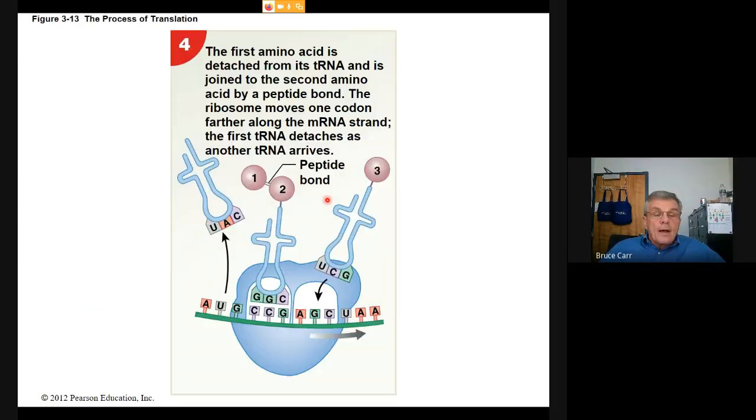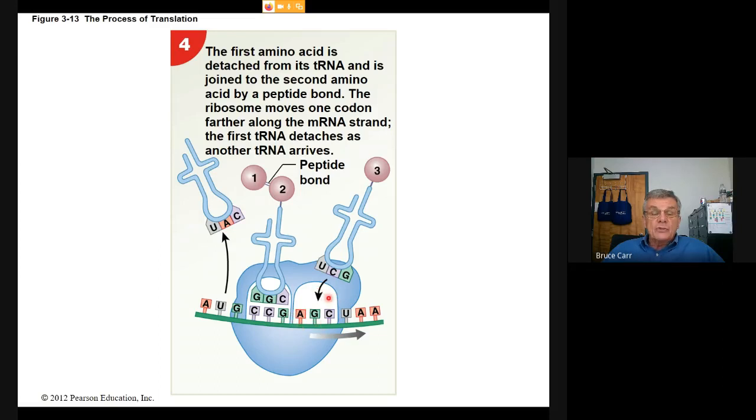Now, I've omitted several slides, but the way this process goes is by continuing to bind a codon and anticodon with the tRNA and deliver that next amino acid, and then shift the growing chain over to it. And that's going to continue until a particular triplet called the stop codon enters this site.